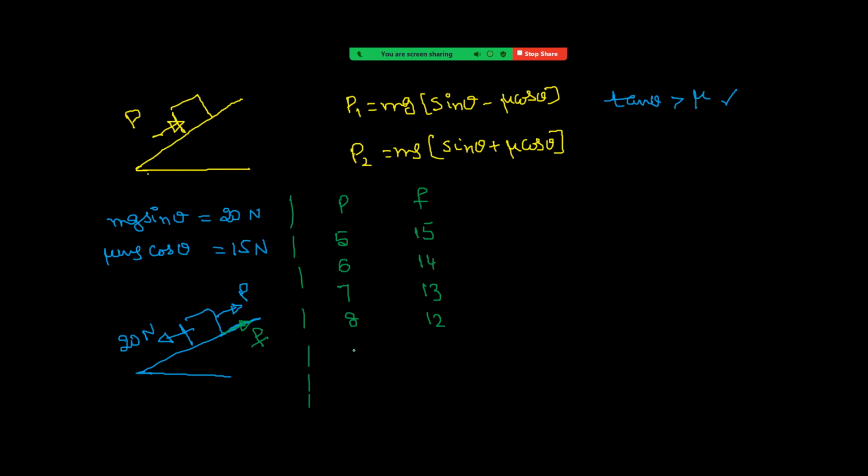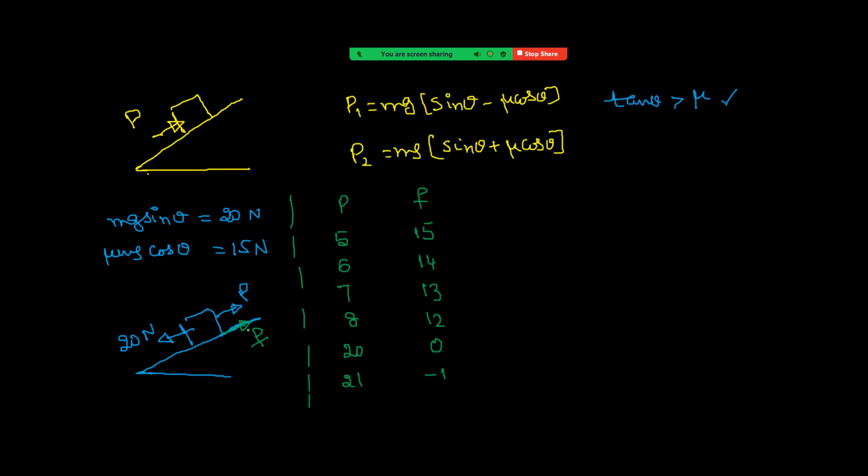Now if I apply 20, the frictional force will be 0, because the sum must be equal to 20. If I apply 21, the friction becomes minus 1. What is the meaning of minus 1?